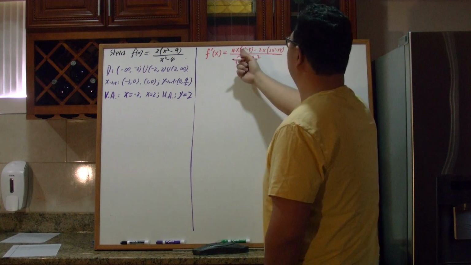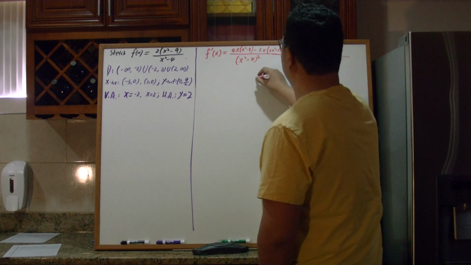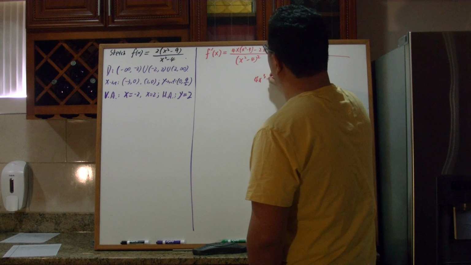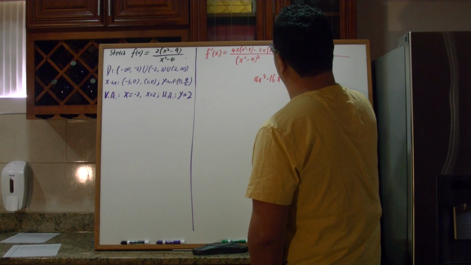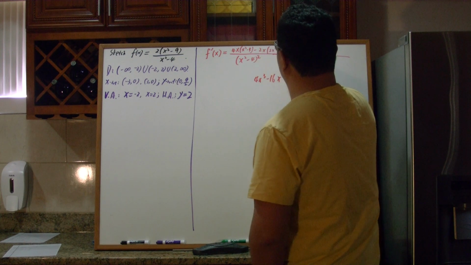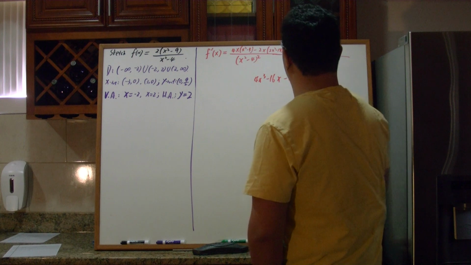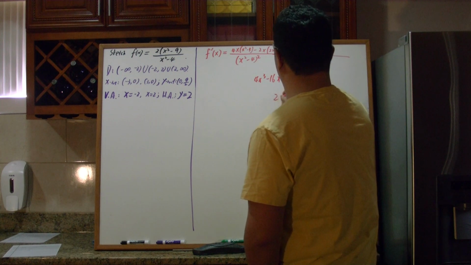That's 4x to the third minus 16x, minus 4x to the third plus 36x, which is 20x.